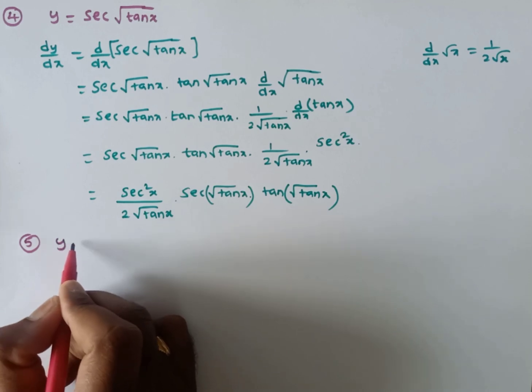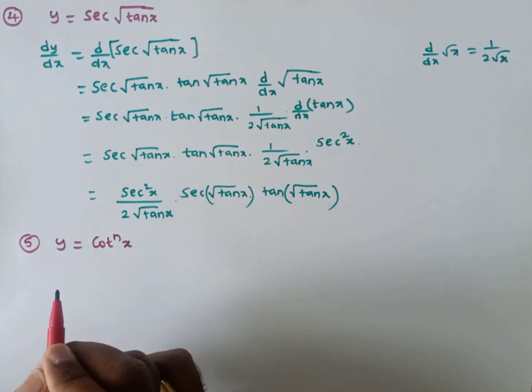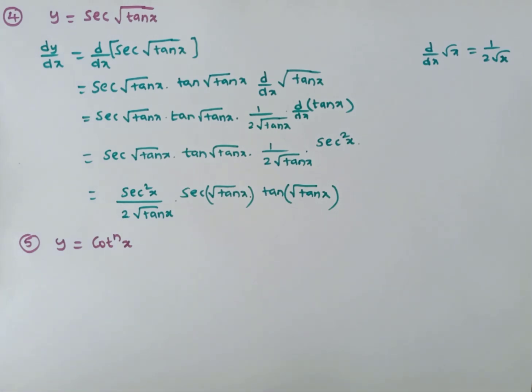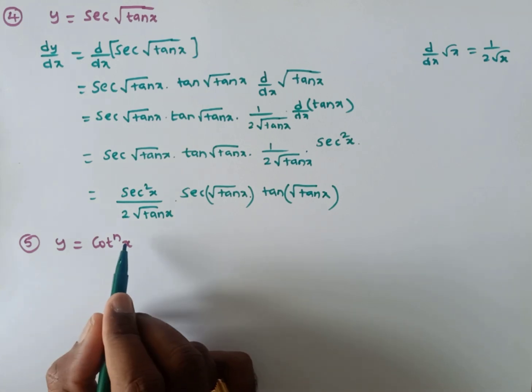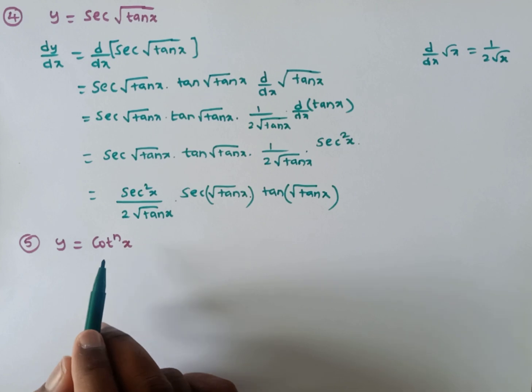For example, y equals cot to the power of n x, let us say. Cot to the power of n x. Now this is like a power rule. So it is simple, right? First it is u power n. The derivative of u power n is n into u power n minus 1 into the derivative of u. U means cot x.